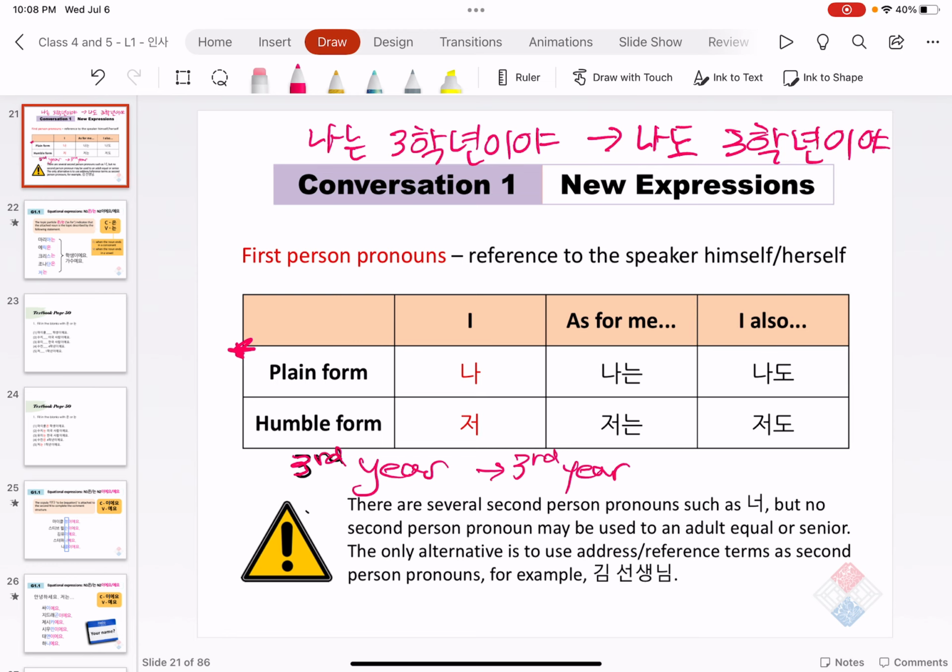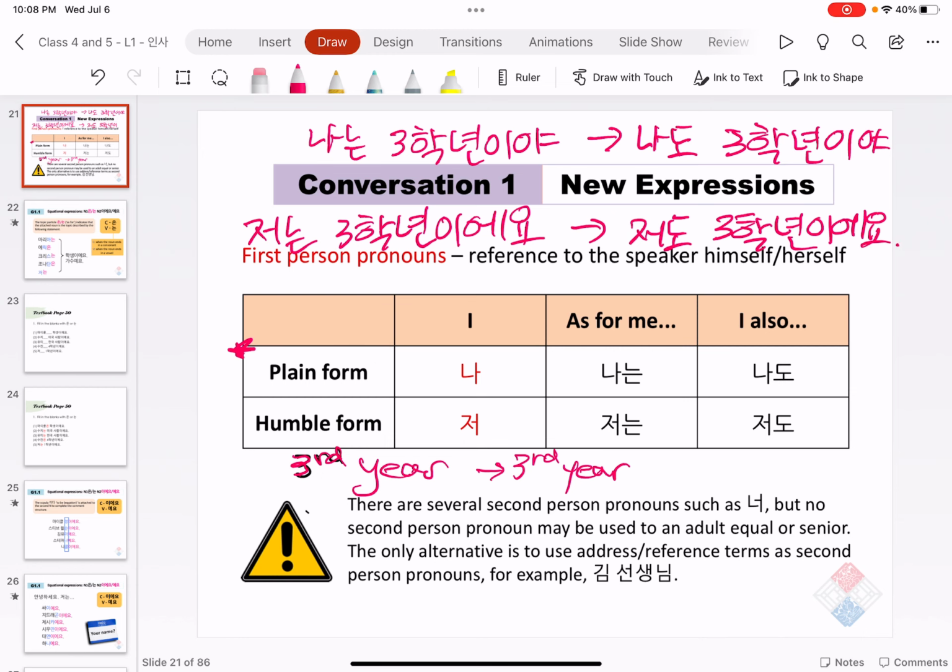Versus if you were being more polite to each other, you would say, 저는 3학년 이에요. And then you would say 저도 3학년 이에요. Okay, so that's a plain form, polite form.